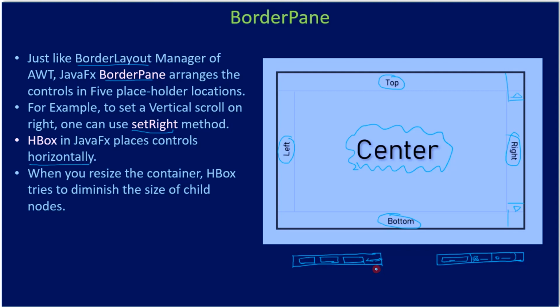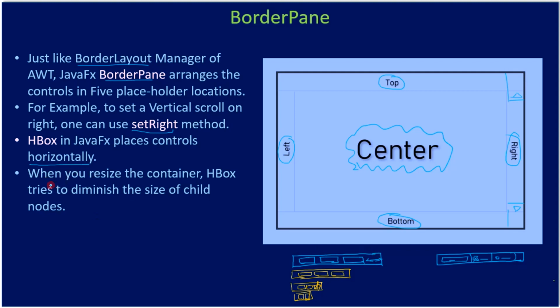When you try to diminish it, the HBox tries to diminish the size of the button. If after some point it is not possible to diminish the button size, then the button will be hidden. Say for example, if the button is diminished to the maximum extent and it can show only 2 buttons, then only 2 will be shown and 1 will be hidden from the HBox.